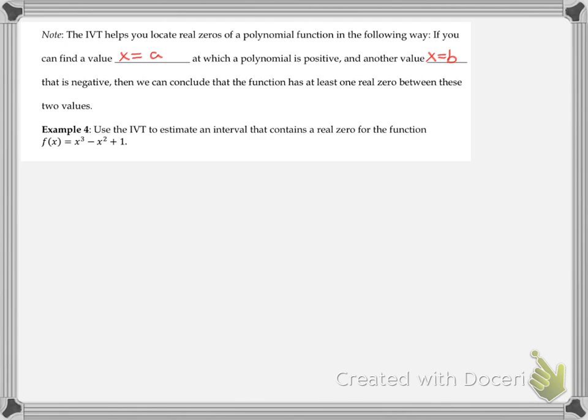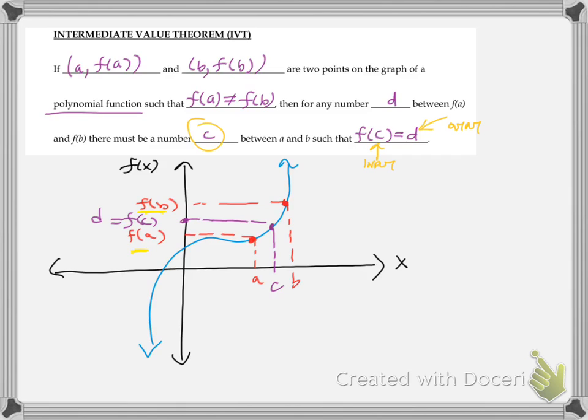Hopefully that makes sense, because if we go back here, this wasn't necessarily the case, but remember, the zeros represent what? It's our x-intercepts, right? And so what's happening is this. Let's say we had a value here.